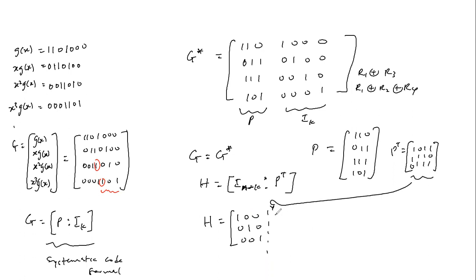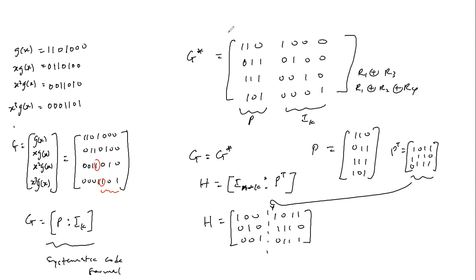So that's 1, 0, 1, 1, 1, 0, 0, 1, 1. And now the next thing is to generate the code words.